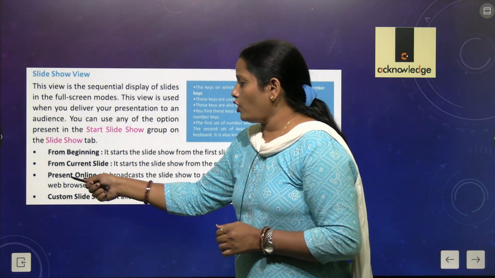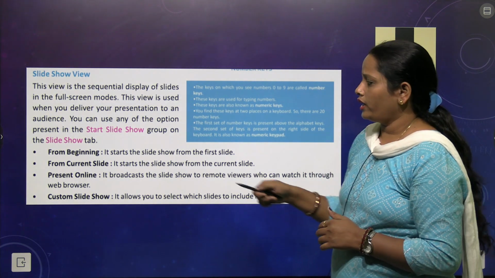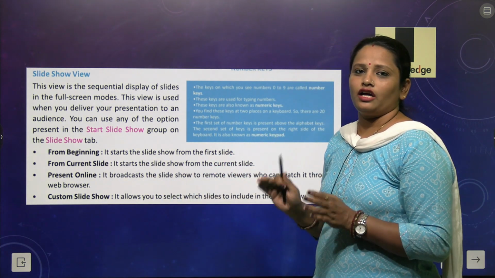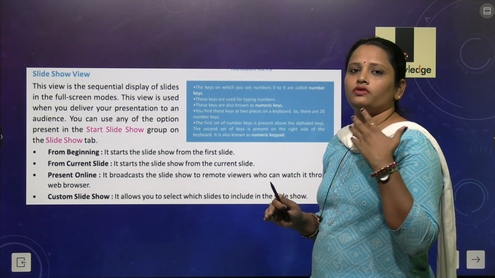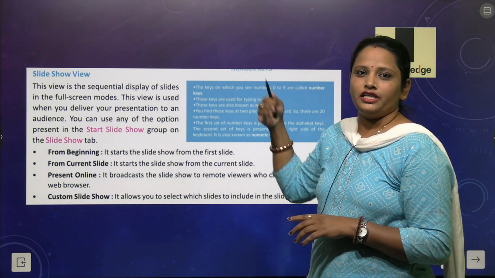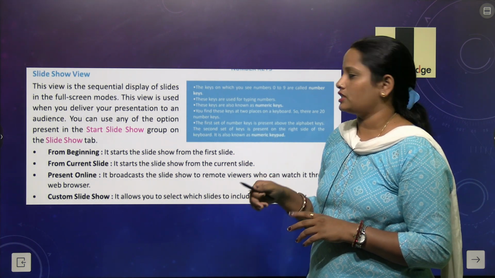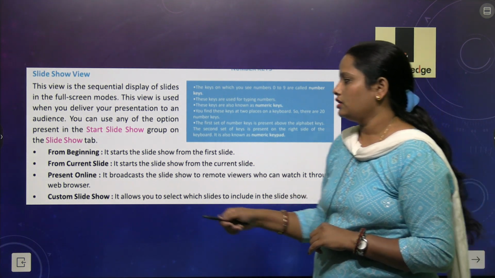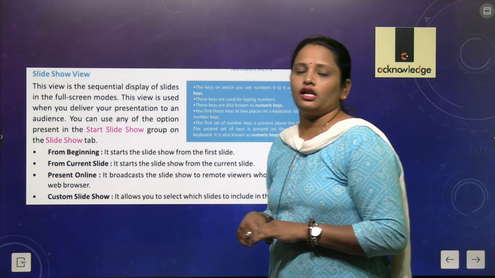Next is From Current Slide. Whatever slide we are on, suppose we are on the fourth slide, all the content will be displayed from that fourth slide. It starts the slideshow from the current slide. Next is Present Online.